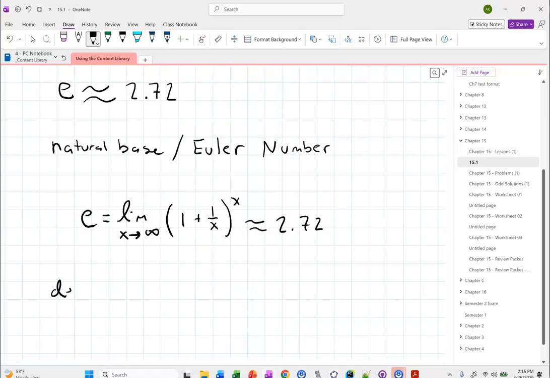So you notice when we write our exponential functions, that base b could be anything, right? It's okay with you guys, right? That sounds right. Well, it often makes it difficult to compare two different exponential functions if their bases are different.